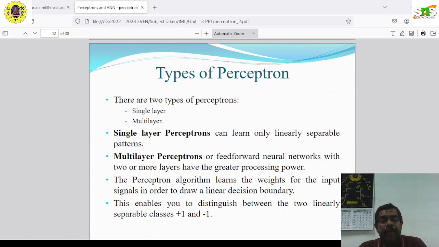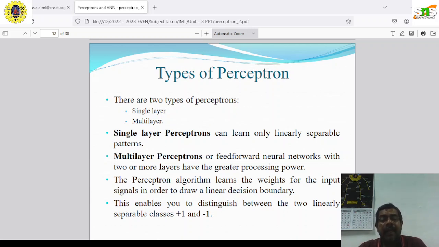processing power. The perceptron algorithm learns the weights for the input signals in order to draw a linear decision boundary. This enables you to distinguish between two linearly separable classes, that is +1 and -1. We already said that the perceptron algorithm learns everything through weights. How? Actual neurons work according to the weights received from the previous neuron.